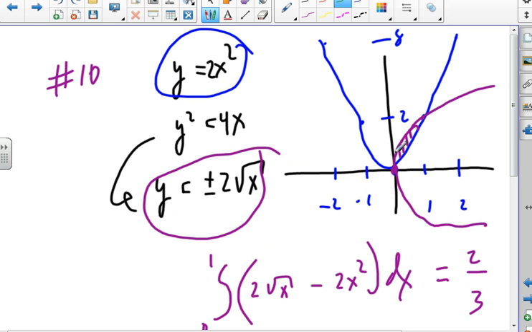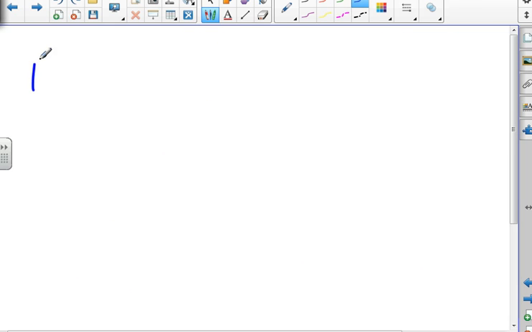10 going to 15. Now 15 and 25 are dangerous problems to do because the answer's in the back of the book and I could look bad if I got it wrong, right? Alright, so I've got x is equal to y plus 1, and I've got x is equal to 3 minus y squared.